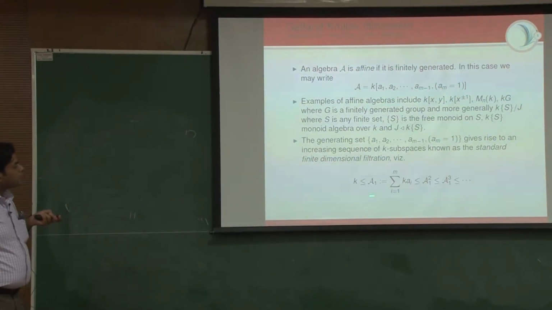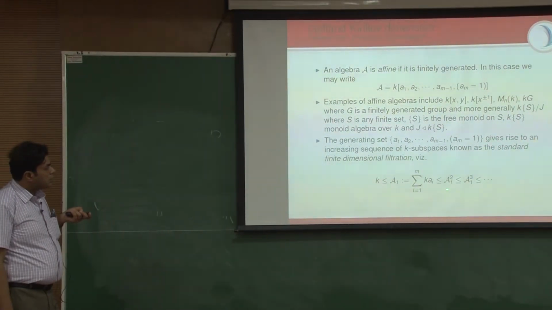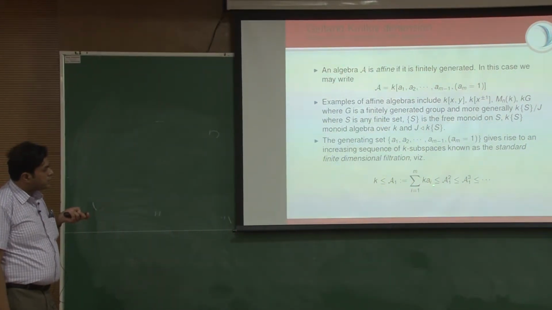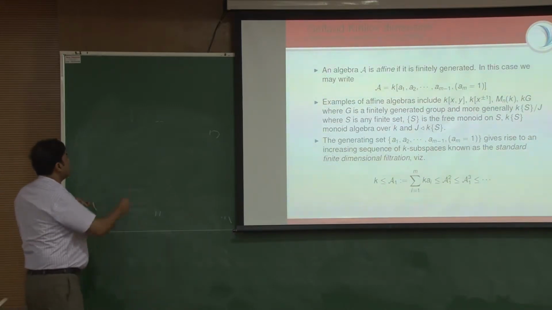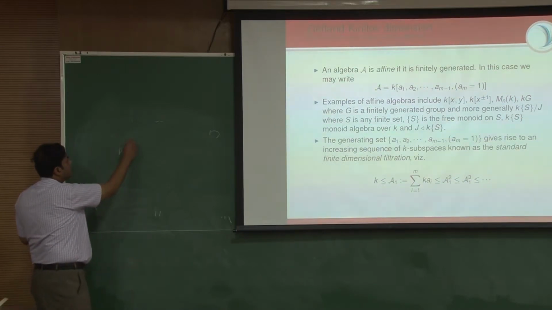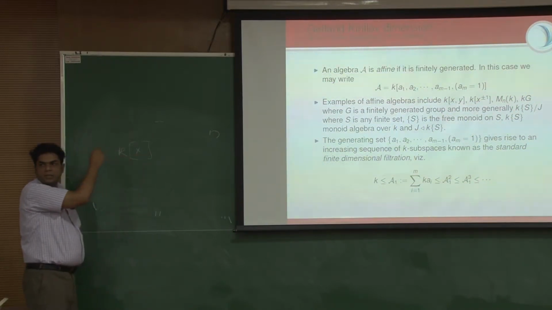Now, this defines the sequence whose first term is the linear span and the second term is the square. Okay, so for example, let me take this polynomial ring K[x], where x is the indeterminate.